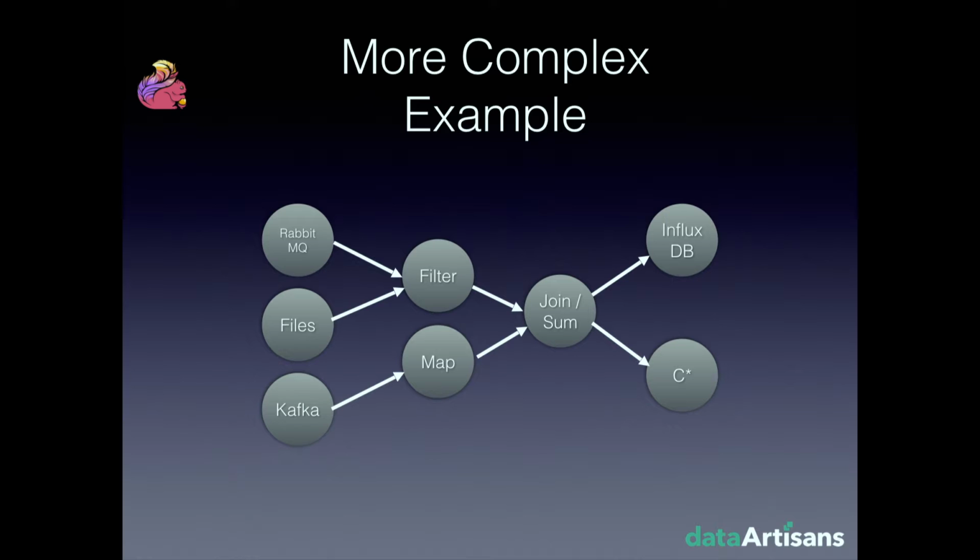And then in the end, maybe we're going to write to Influx, which is a time series database, or we're going to write to Cassandra, some other data store, back to HDFS, back to Kafka, et cetera. But the idea is you basically build graphs of computation. Each of these things can hold and keep state, and then you eventually sink the data somewhere.